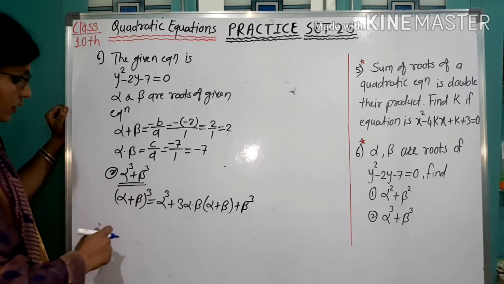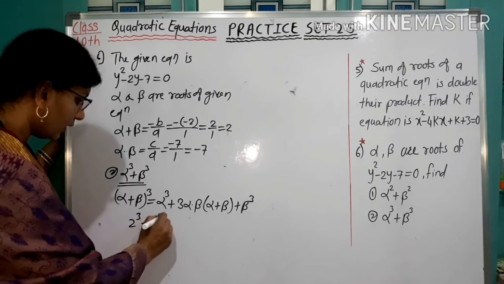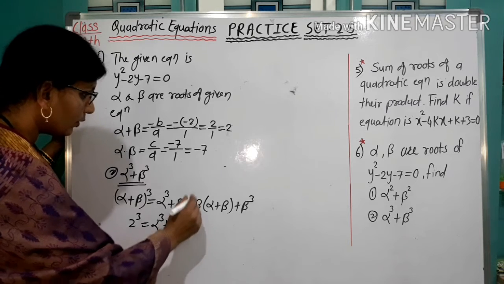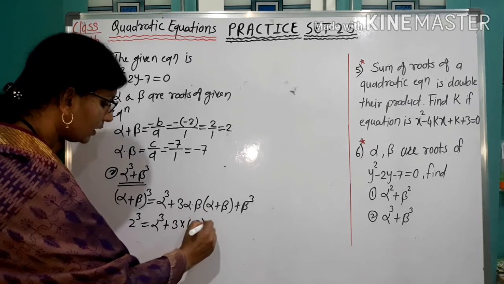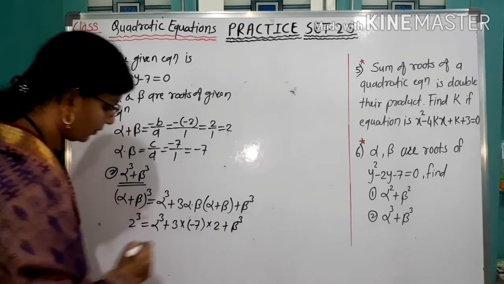Then put the values of alpha plus beta, that means 2 cube equal to alpha cube plus 3 into minus 7 into 2 plus beta cube.